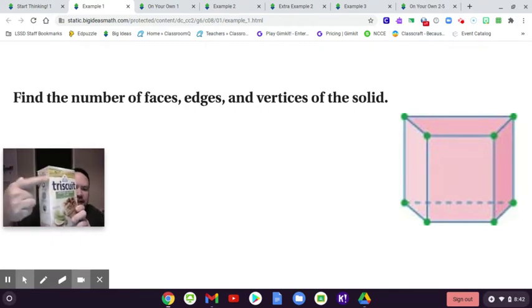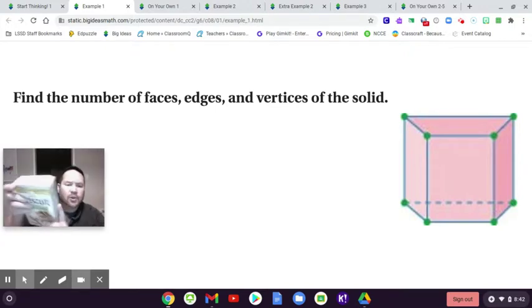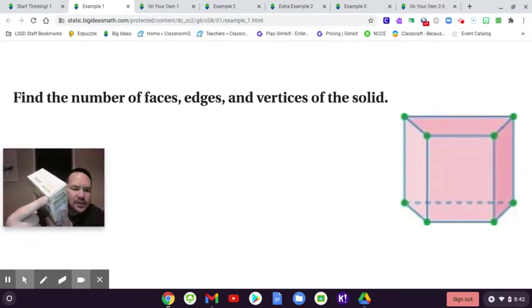So like this has an edge right here, and it also has like 4 edges along the top here. So that's what edges are. And then vertices or a vertex, that's like a corner. So like this right here is a vertex. So the whole 2D side is called a face. The line segments along the edges are called edges. And then the vertices or a vertex is the corner.